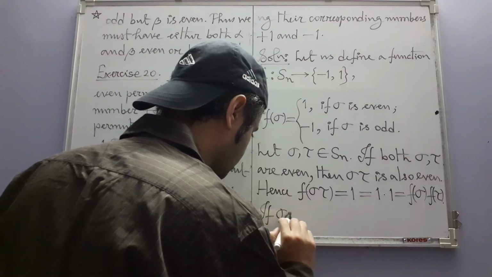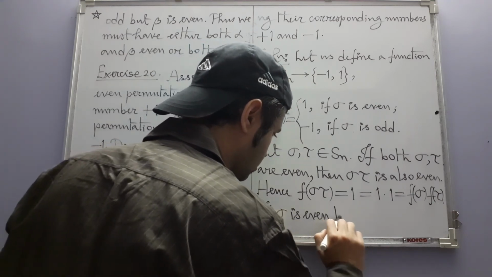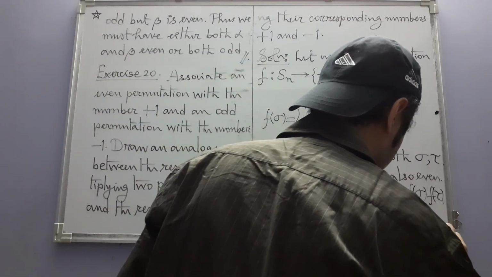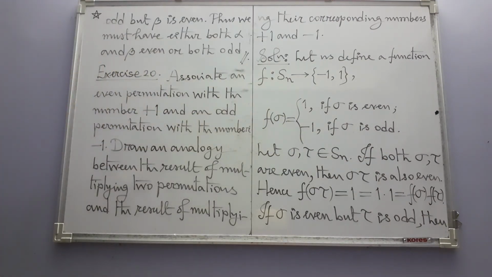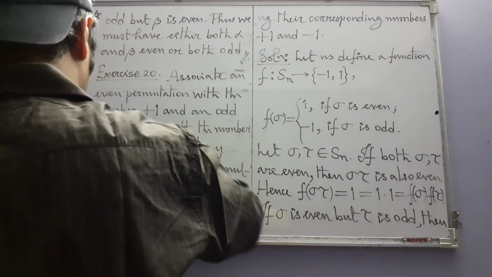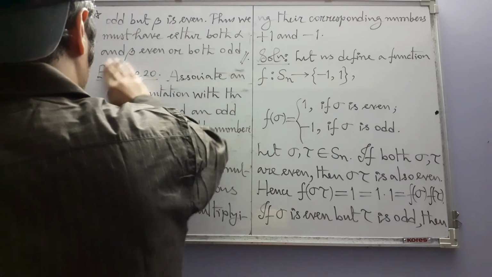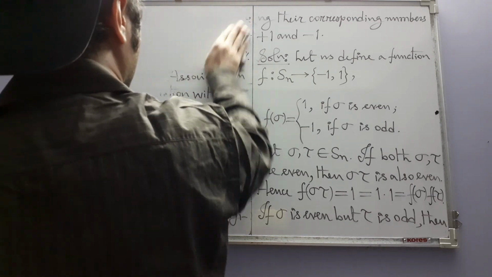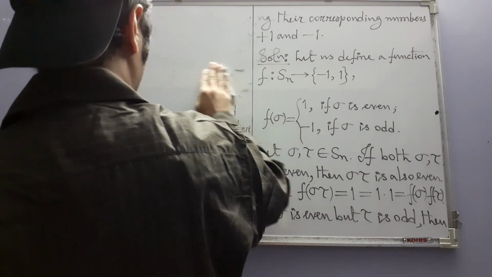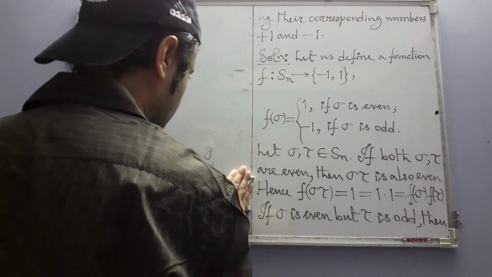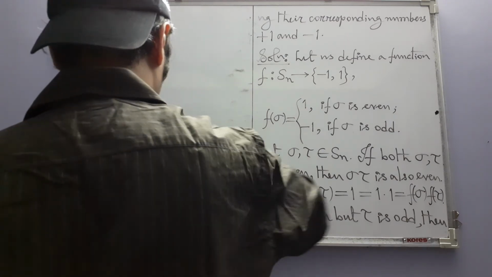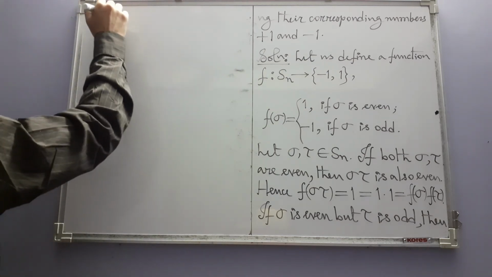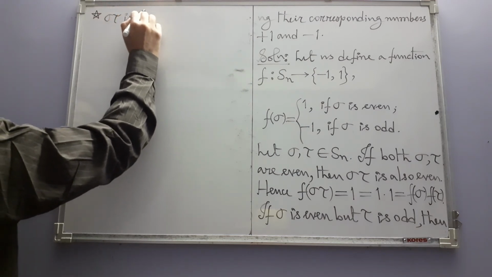If sigma is even but tau is odd, then sigma composition tau is odd.